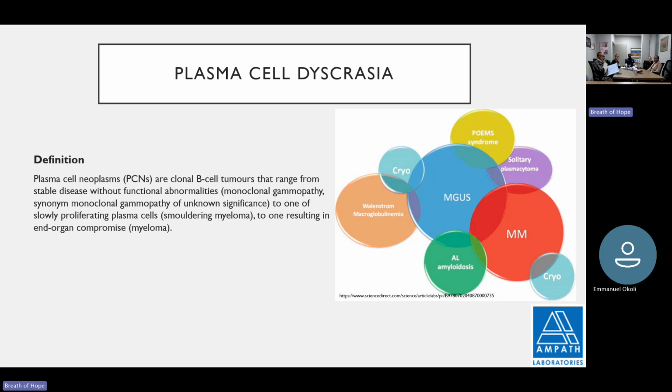And then when your plasma cell burden is increased, the patient will present with end organ damage. It's the CRAB criteria we're referring to, and the patient will fulfill diagnosis of multiple myeloma. So it will fall under the plasma cell dyscrasia. As you can see, it falls under an umbrella term of multiple disease entities, but today we're going to focus on the multiple myeloma.